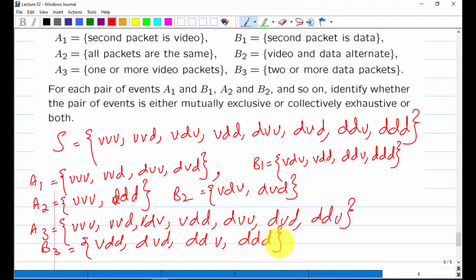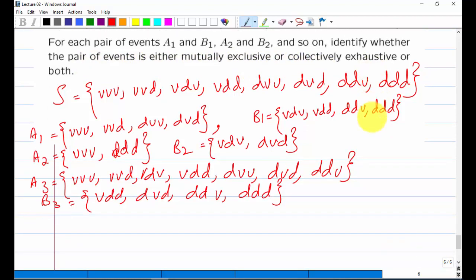Now we have written all these events that are defined here. Now it says that for each pair of events A1 and B1, A2 and B2 and so on, identify whether the pair of events is either mutually exclusive or collectively exhaustive or both. So I will do it for A1 and B1.